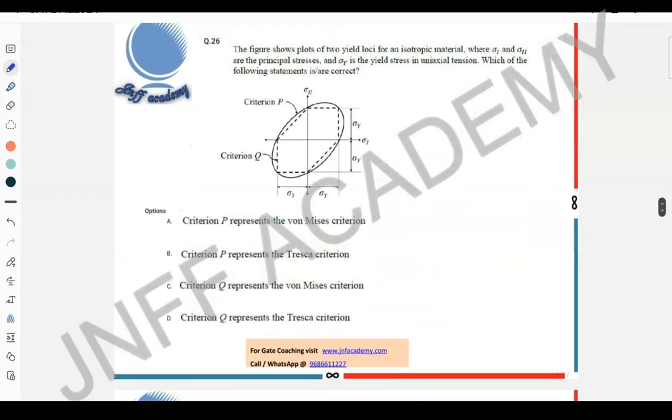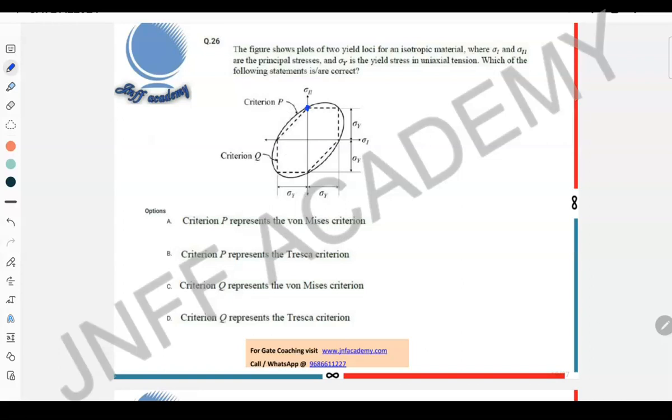Next, question number 26. The figure shows plots of two yield loci for an isotropic material, where sigma 1 and sigma 2 are the principal stresses. Sigma y is the yield stress in uniaxial tension. Which of the following statements is correct? So, you should know two failure theories, Tresca failure theory and von Mises failure theory, to solve this problem. The criterion P represents the von Mises stress criterion.